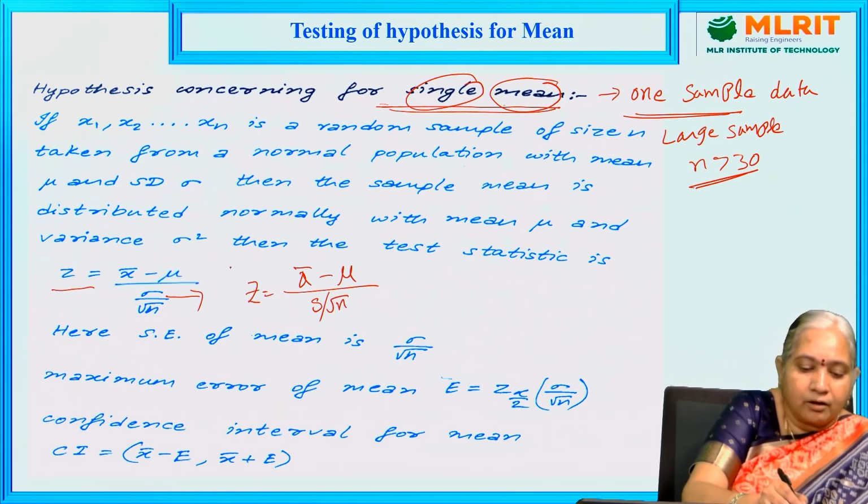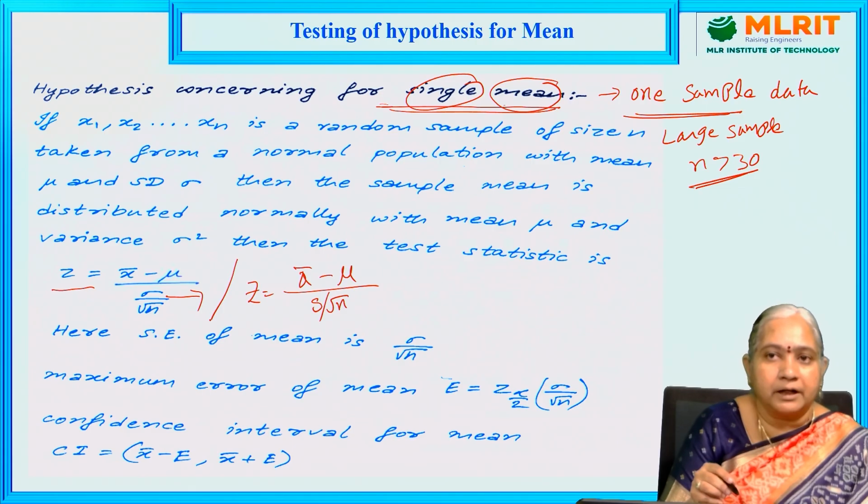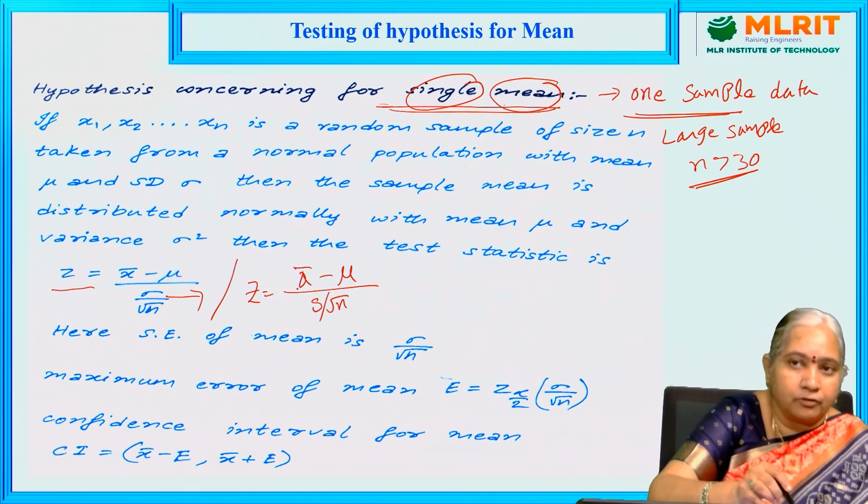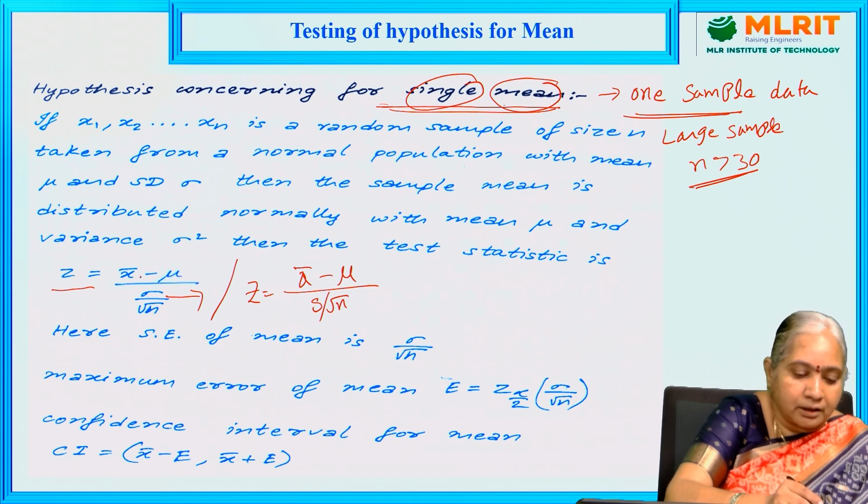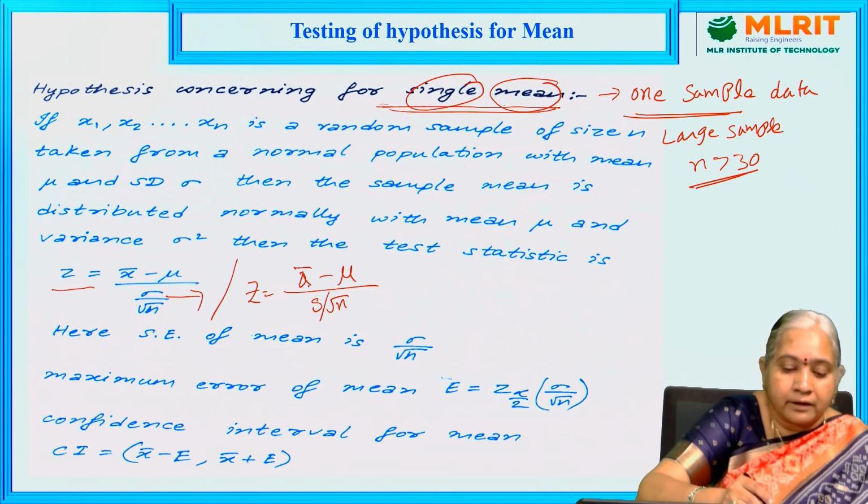Depending on the given sample data, we apply the appropriate formula: either (x bar minus mu) by (sigma by root n) if population standard deviation is given, or (x bar minus mu) by (S by root n) if sample standard deviation is given.